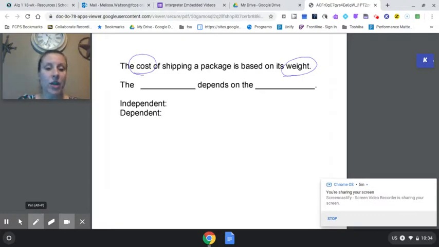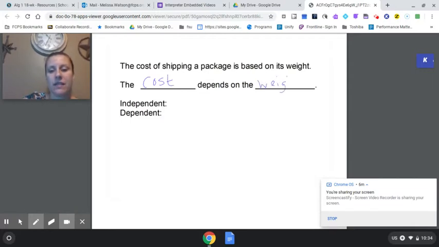So we have to determine, should we fill that in the cost depends on the weight, or the weight depends on the cost. So the cost depends on the weight. So since the cost depends, the cost is the dependent variable and the weight is the independent variable.